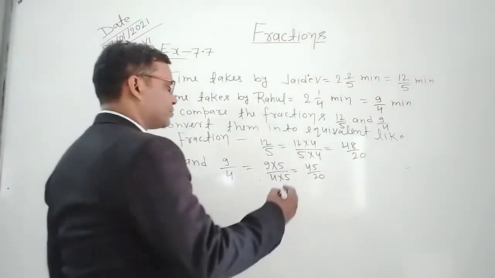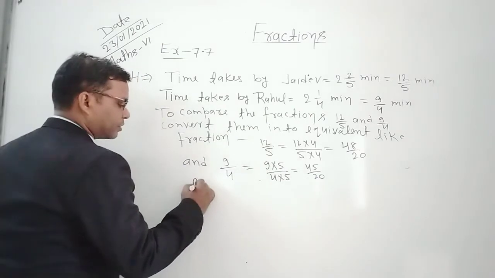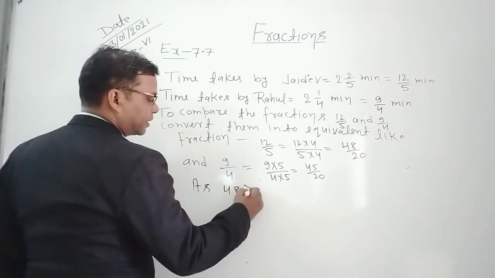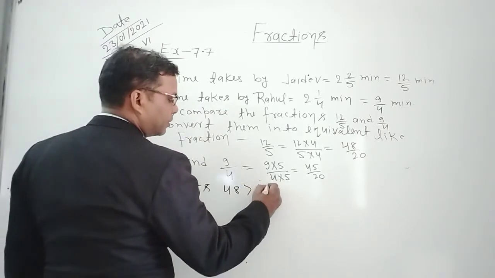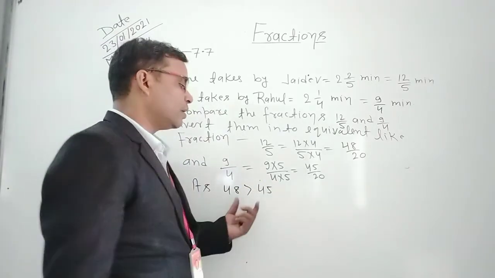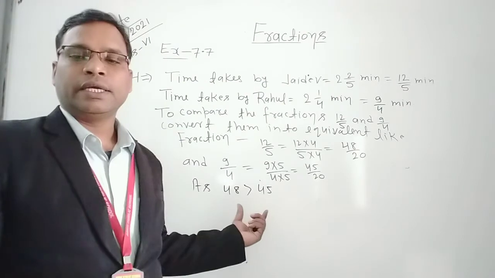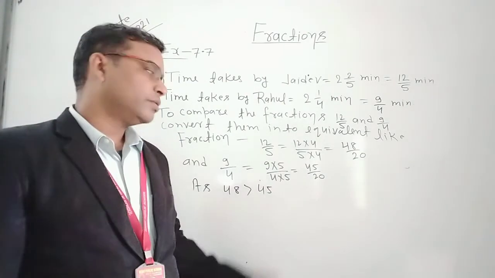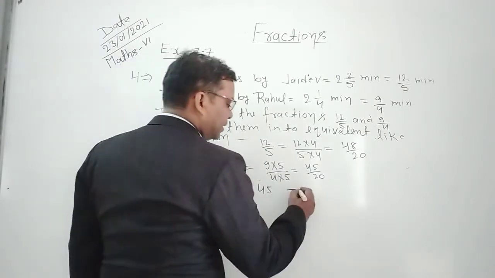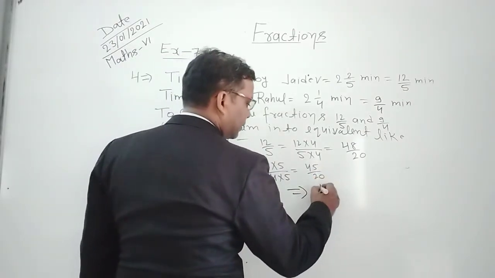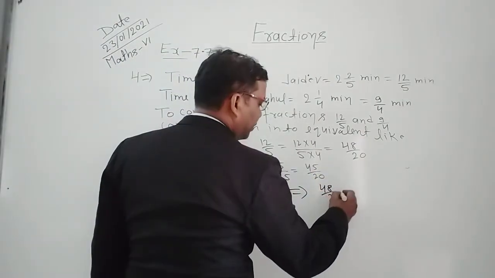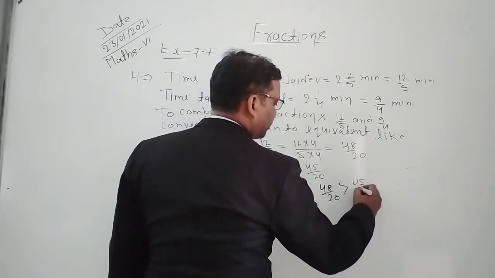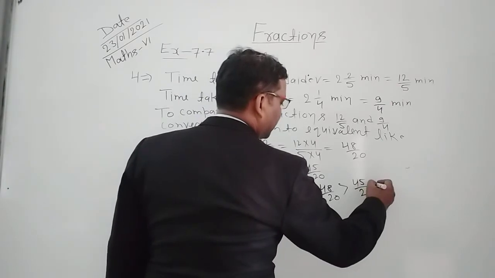As you can see, 48 is greater than 45. So this implies that the fraction 48 by 20 is greater than 45 by 20.